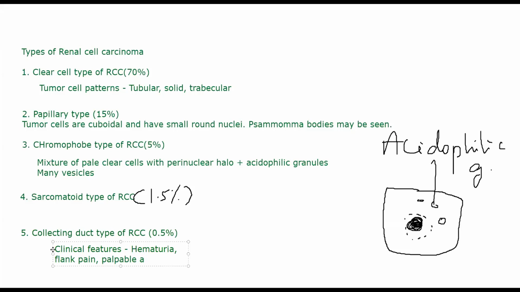Palpable abdominal mass means if you are touching it, it is very tender, and it is very palpable. The patient will have a lot of pain in that area. So these are the clinical features of renal cell carcinoma, and that completes our renal cell carcinoma.